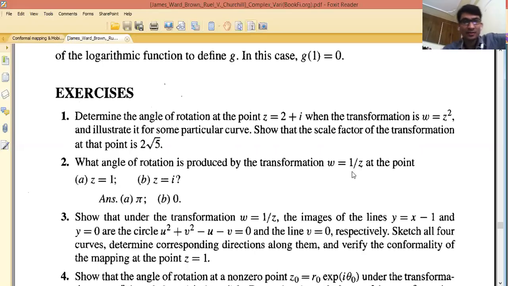And for z equals i, 1 upon i, multiplying by i, gives minus i squared, which is minus i.